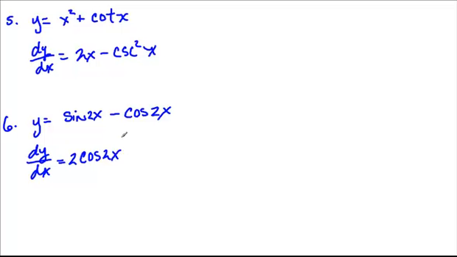That negative will change the minus sign to a plus sign. So this becomes plus 2, and the derivative of cosine is sine, so that would be sine 2x. Pretty straightforward.